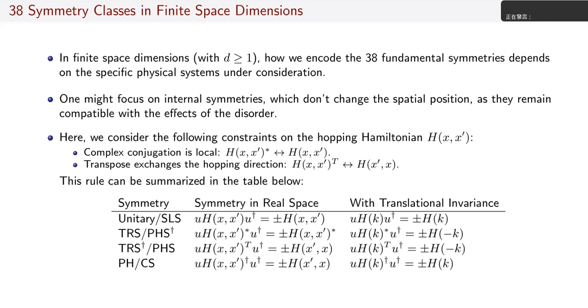And I have to comment on how the internal 38 symmetry is implemented in finite-dimensional lattice systems, because I didn't mention the physical system. I have to define the symmetry constraint on the lattice system.